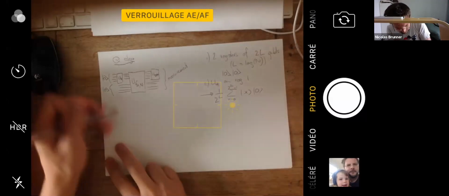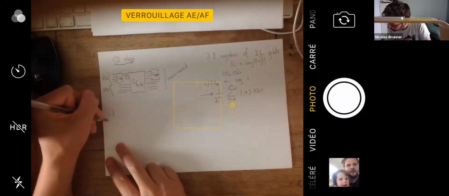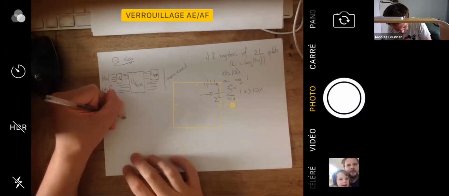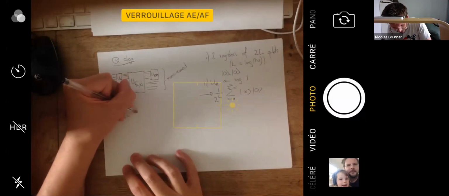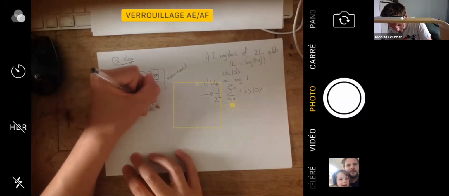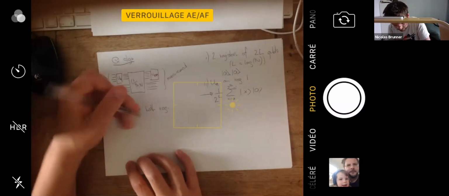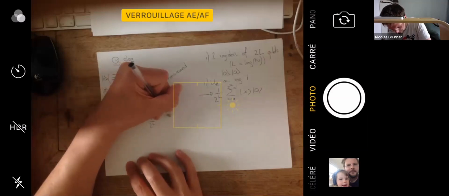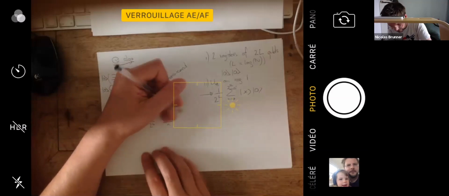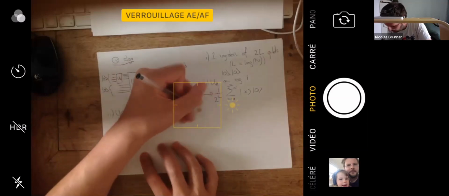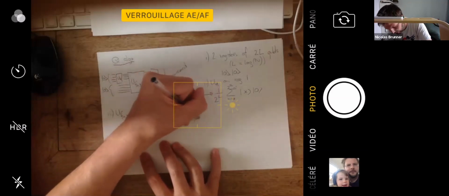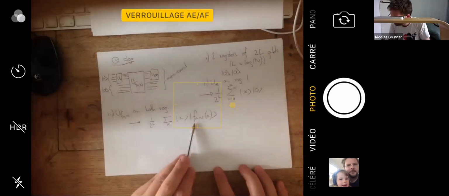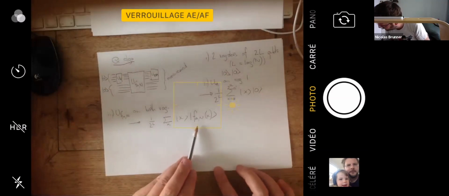All right, so now step 3. In step 3, we apply the function on both registers. And so therefore the state is 1 over 2 to the L, sum over x, and now I have f of a n x. So I encode all the values of the function in the second register.